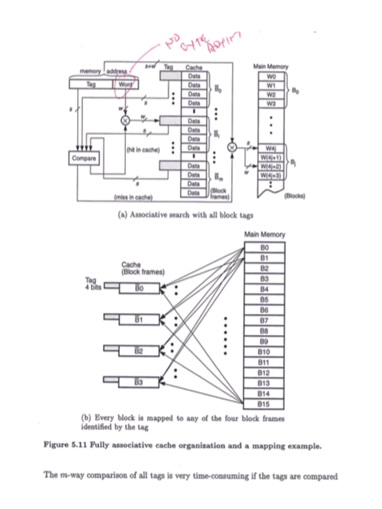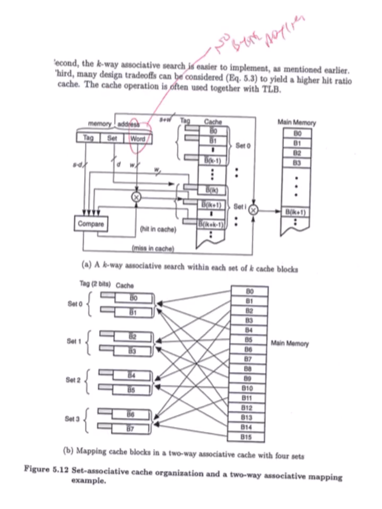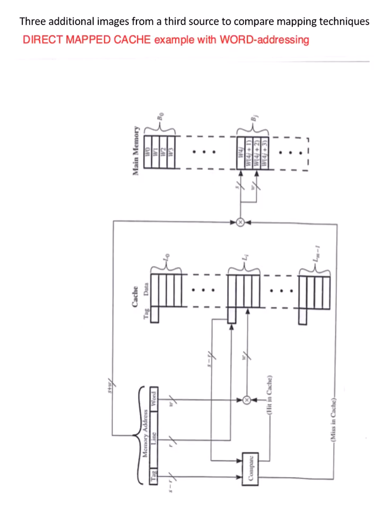And compare the 3 different techniques. The last slide had direct, and then this is fully associative. This is set associative. And here are the same 3 mapping techniques on the next 3 slides.